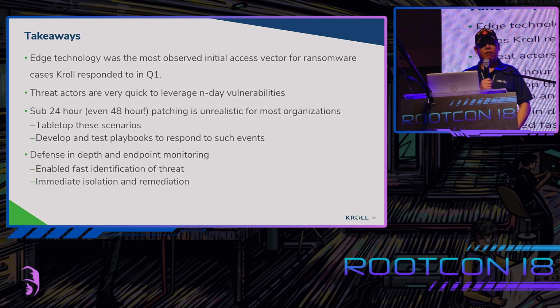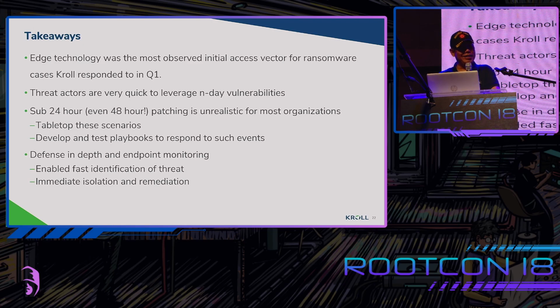And threat actors, as we have seen here in the timeline, are very quick to leverage n-day vulnerabilities. Sub-24-hour patching is unrealistic for most organizations. I'm not sure about the case here in the Philippines, in your organizations, but the faster you can install the patch, the better, right?